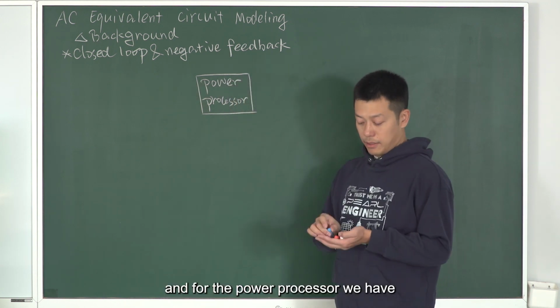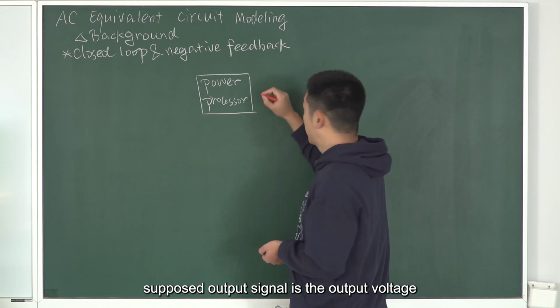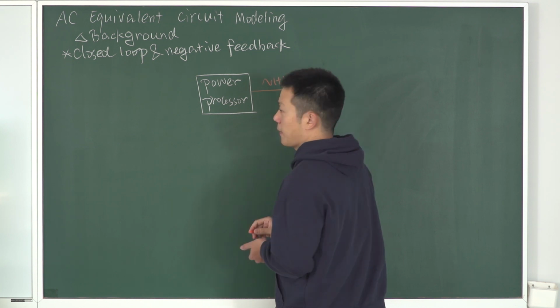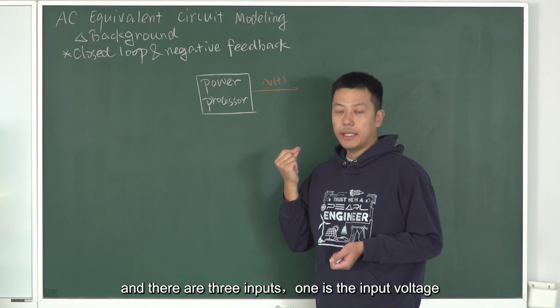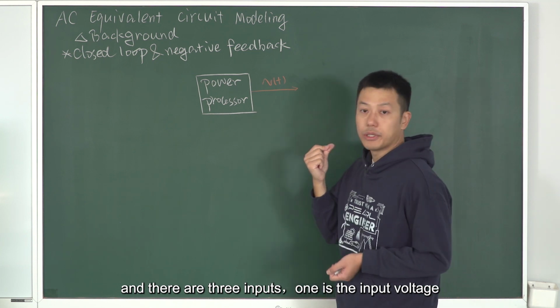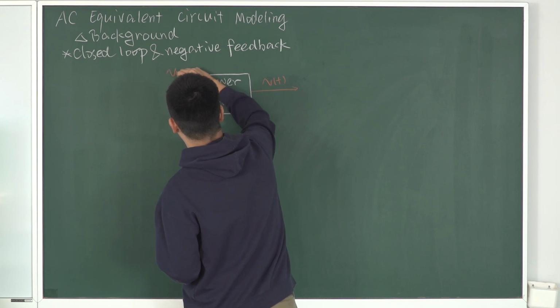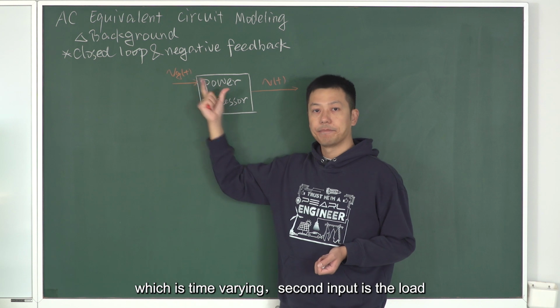For the power processor, suppose the output signal is the output voltage, and there are three inputs. One is the input voltage, vg(t), which is time varying.